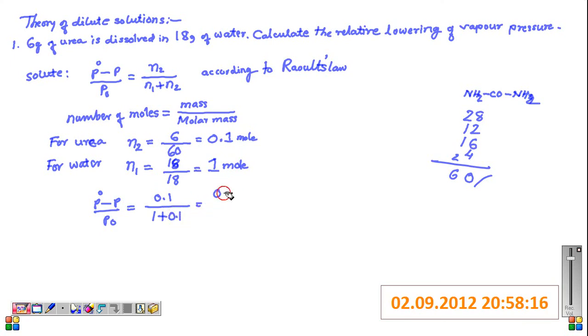It is equal to 0.1 divided by 1.1. 0.1 upon 1.1 is 0.0909. This is the relative lowering of vapor pressure.